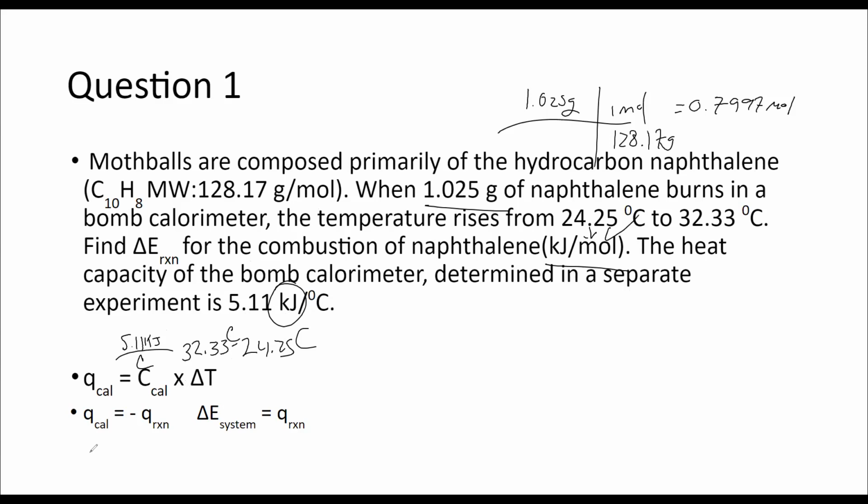So let's calculate how much energy the calorimeter absorbed. The calorimeter absorbed 41.3 kilojoules of energy. That means that our explosion released negative 41.3 kilojoules of energy.